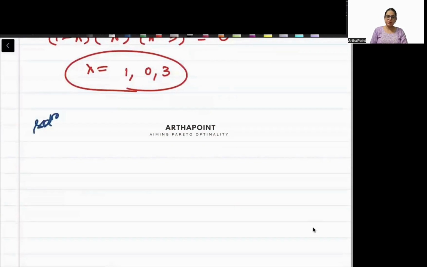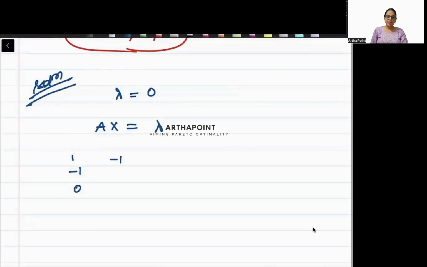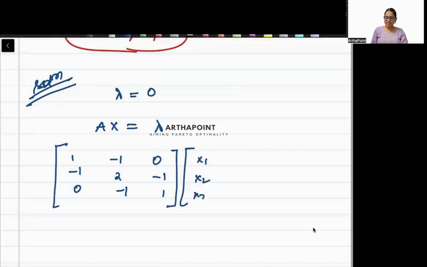Now what can we go ahead and do? We need to find the eigenvector. So we will start by taking lambda as 0. So again, Ax is equal to lambda x. My matrix A is 1, minus 1, 0, minus 1, 2, minus 1, 0, minus 1, 1, times x1, x2, x3, equal to 0, 0, 0.